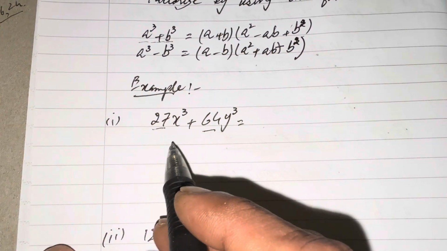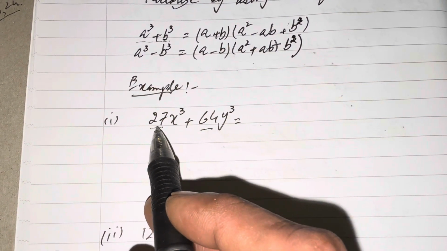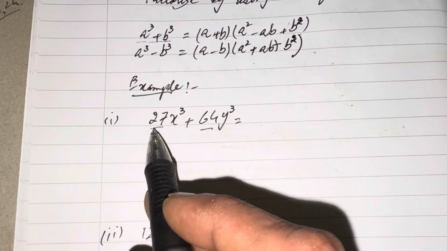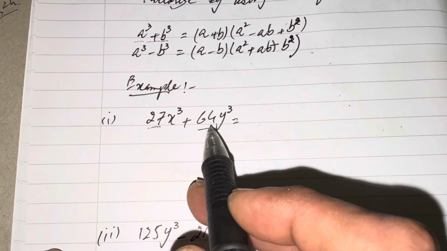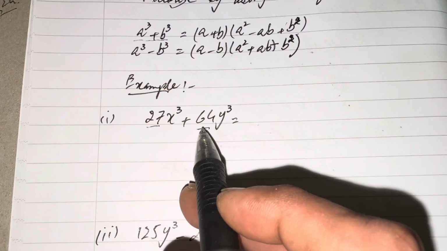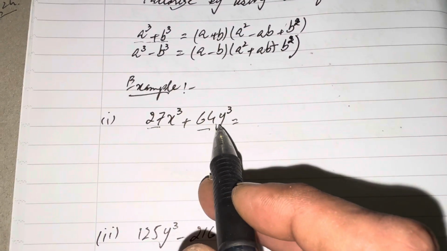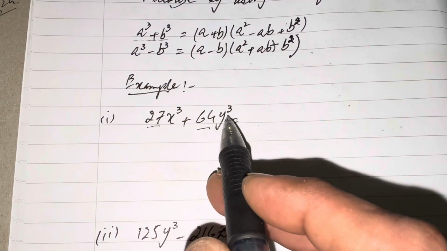So first of all, we have to change these two coefficients, means 27 and 64, we have to write down in the cubic form. Where x and y are already given in the cubic form.